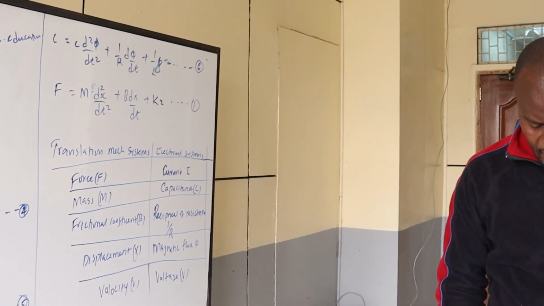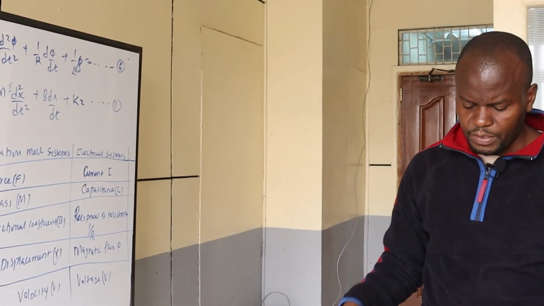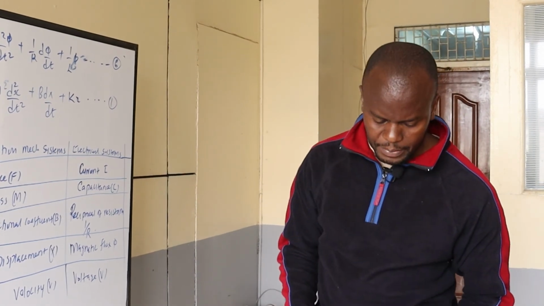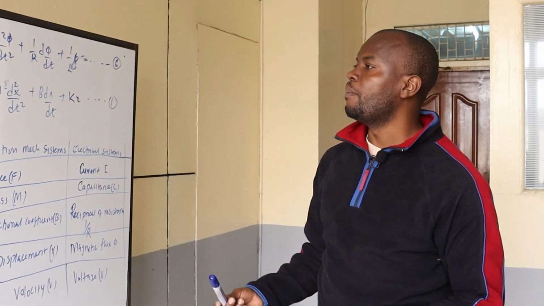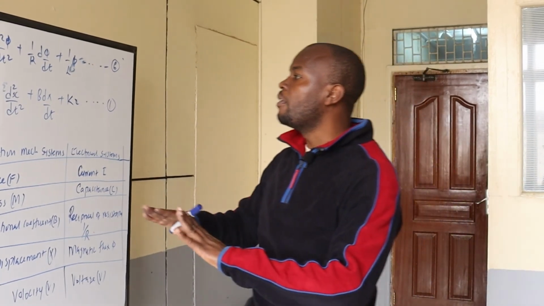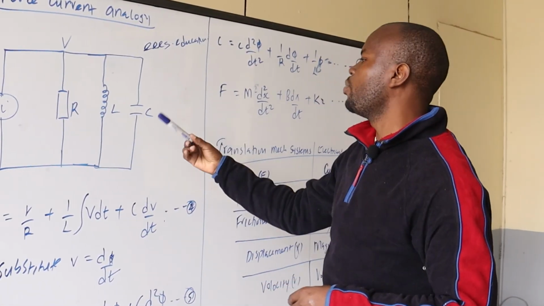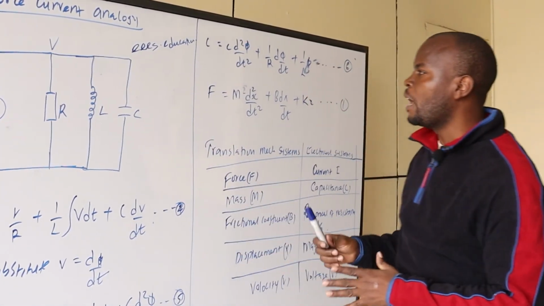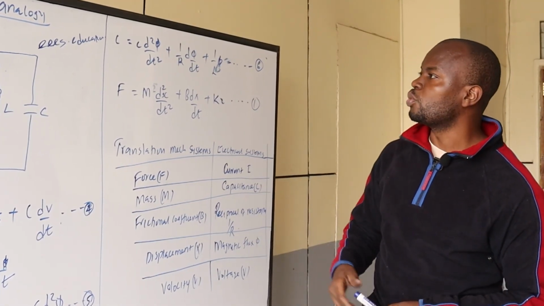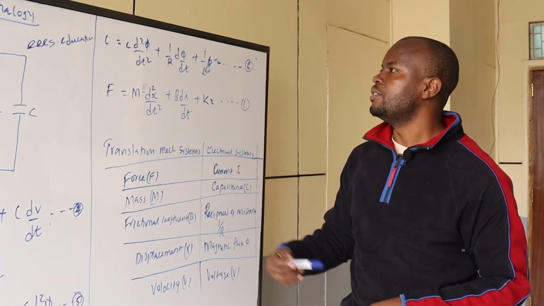The reason why analogy is very important is that analogies are very helpful in order to study and analyze non-electrical systems like mechanical systems from analogous electrical systems. You can compare the analogy of the two systems, whereby you are able to analyze a mechanical system even without mechanical knowledge.